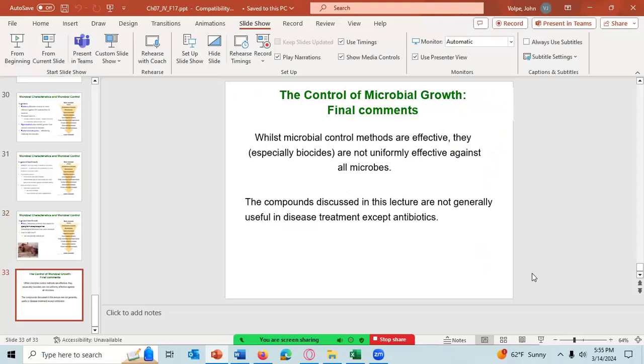All right, while microbial control methods are effective, especially the biocides, they are not uniformly effective against all microbes. For example, bleach is a very widely available, very cheap, very effective antimicrobial agent, but it is easily inactivated by organic matter.